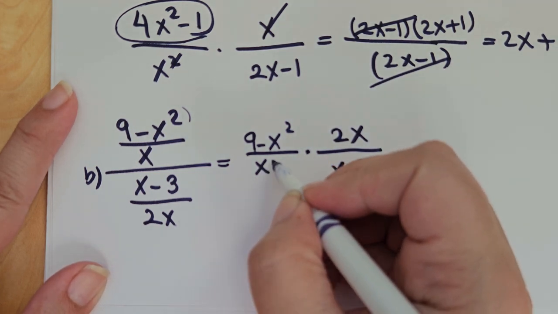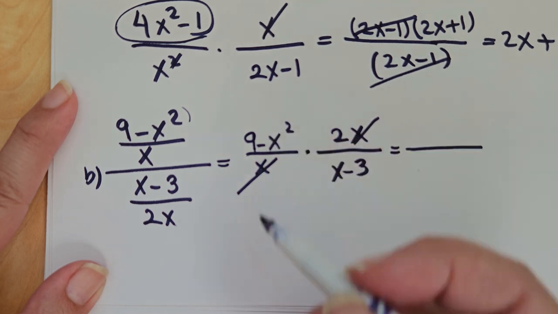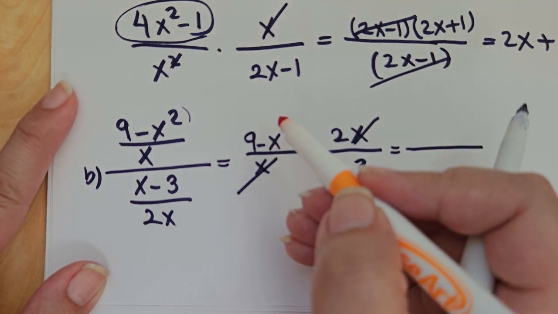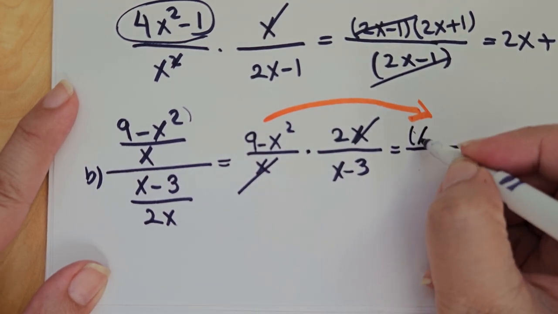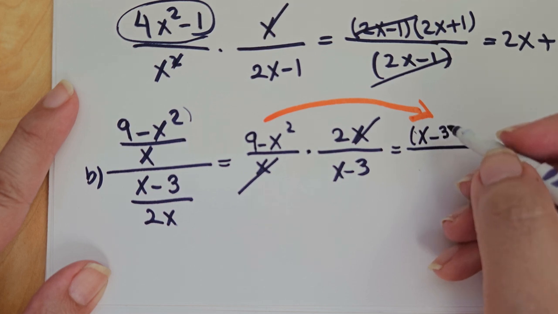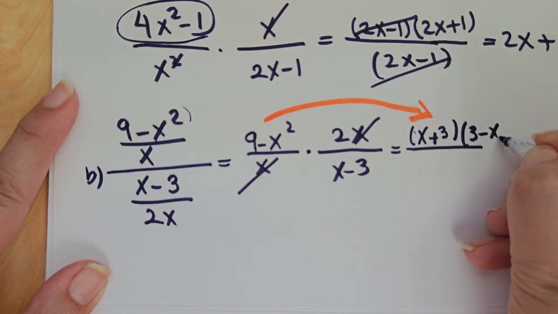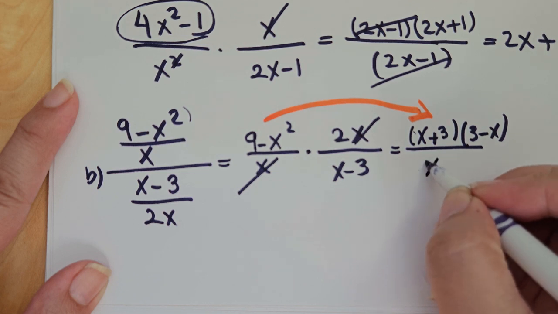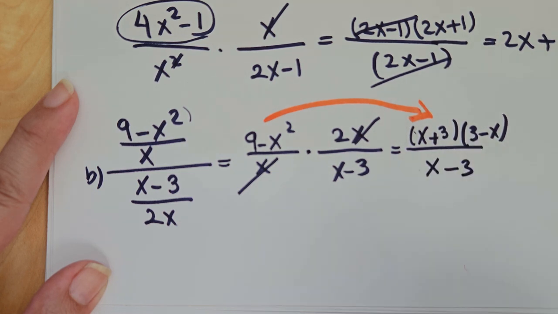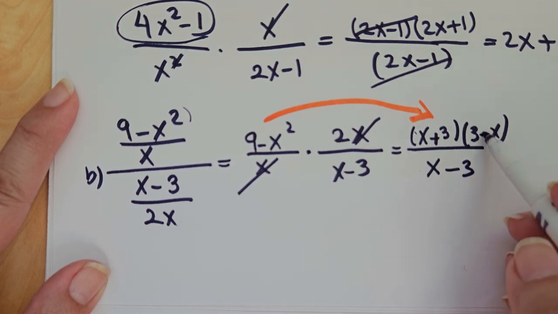Okay, now this would be simplified with this, but instead of 9 minus x squared, I'm going to use one of the identities and write it as 3 plus x and 3 minus x, which is exactly the same as this one. And then we have x minus 3 in the denominator. If you compare these two together, they are very similar.